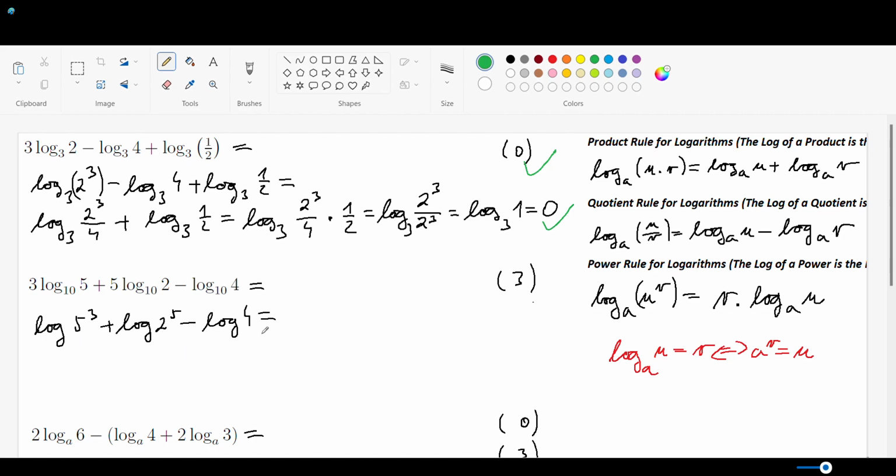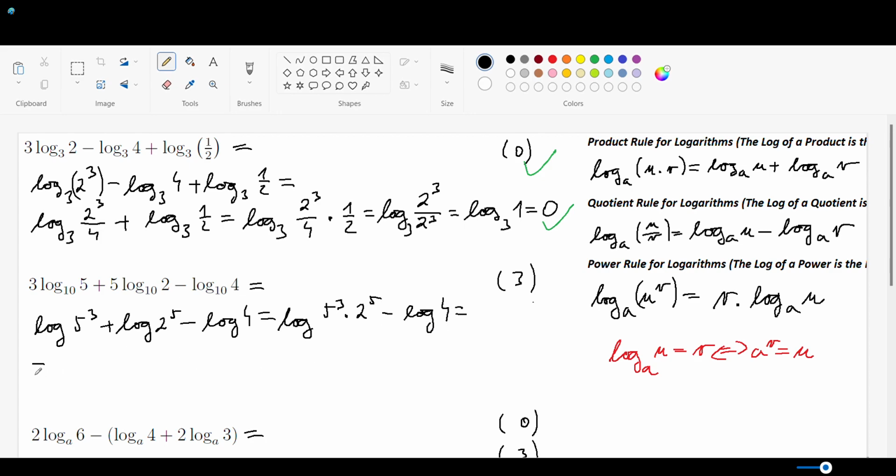And when you apply again the rules for logarithms, as we have here the sum, we apply the product rule, which means it is equal to log 5 to the power of 3 times 2 to the power of 5, take away logarithm of 4.